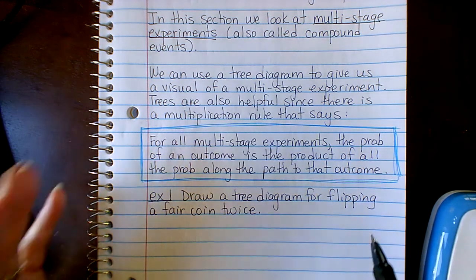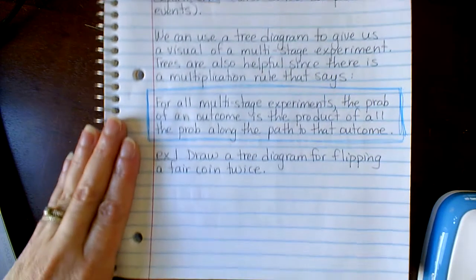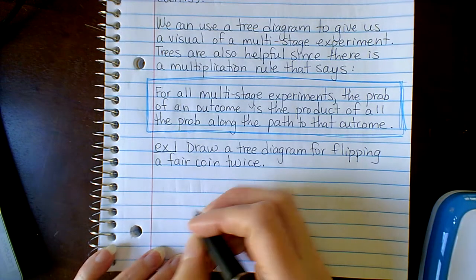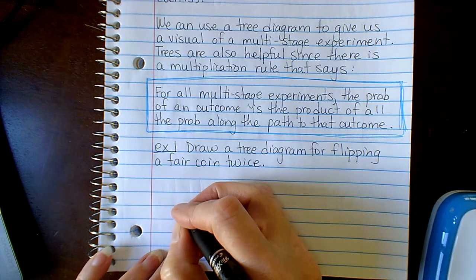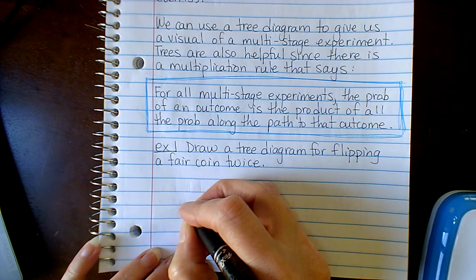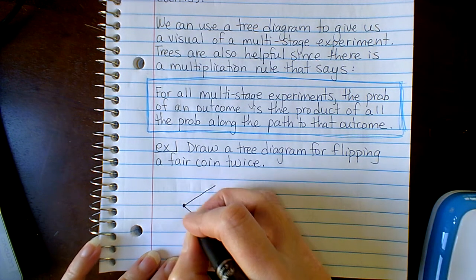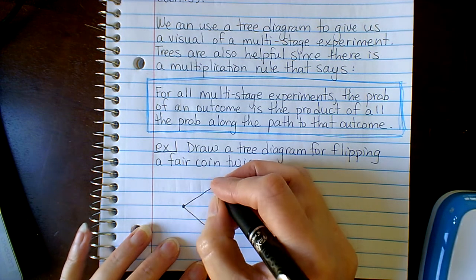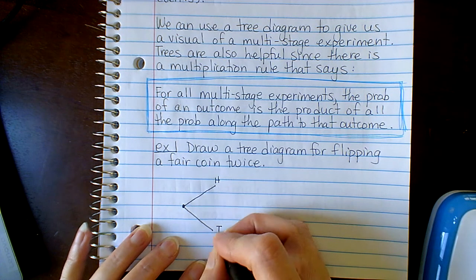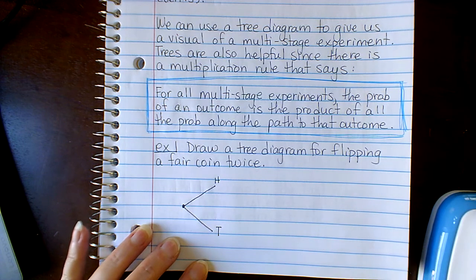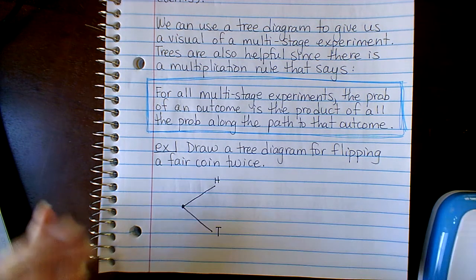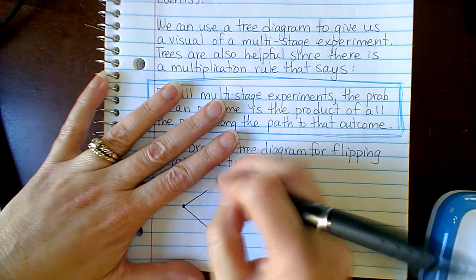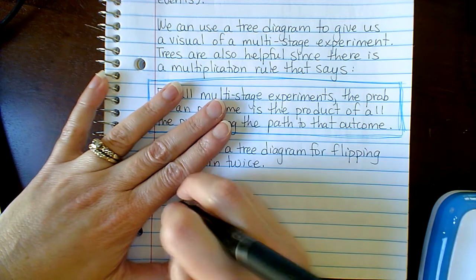So let's draw a tree diagram for flipping a fair coin twice. So we're going to start over here, and we have one outcome, and then we have another outcome. Okay, so we flip and we get heads or we get tails. Now for my second flip, I do not give myself enough room.